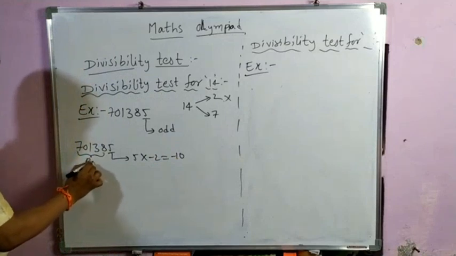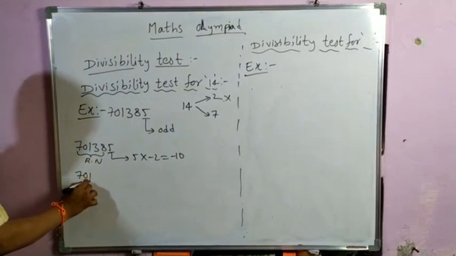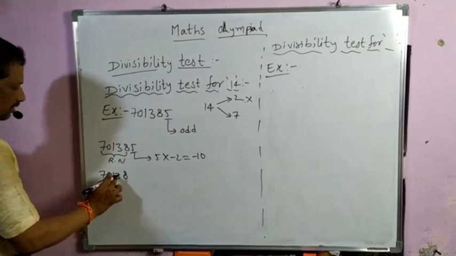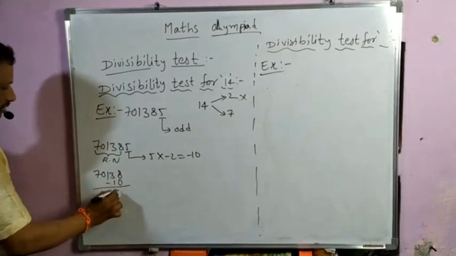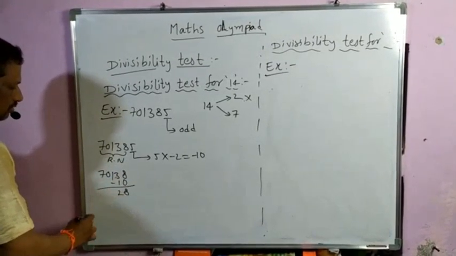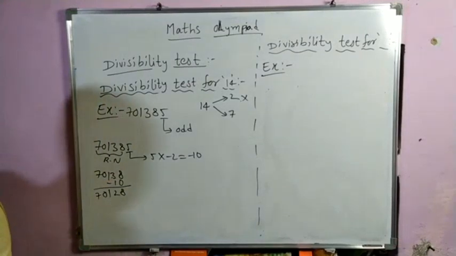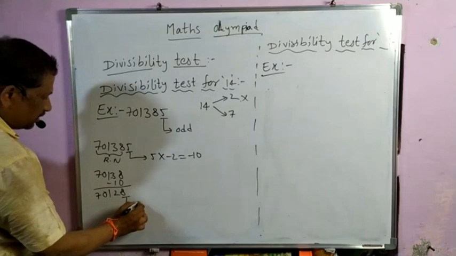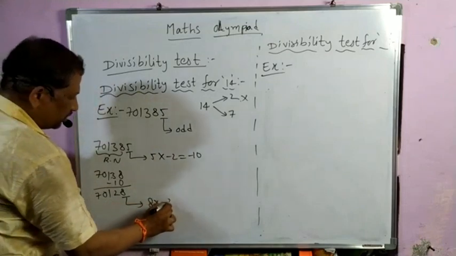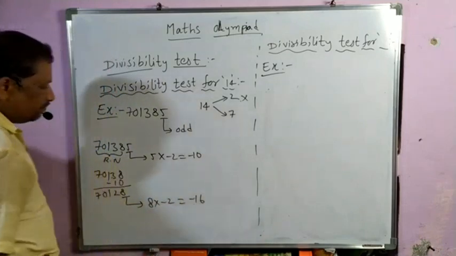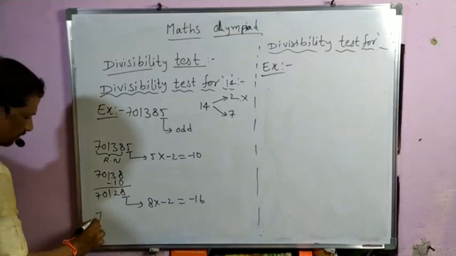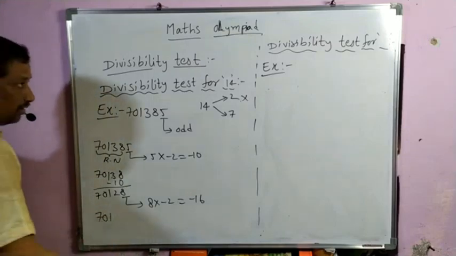What is the remaining number here? 70138. Subtract this from this, so 8 minus 10 gives 7012... so we get 7028. Again do the same process: 8 into minus 2 is minus 16. So subtract this one. I will write it there.